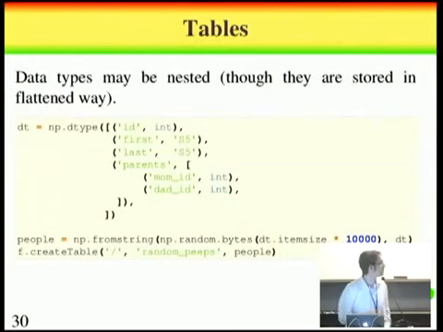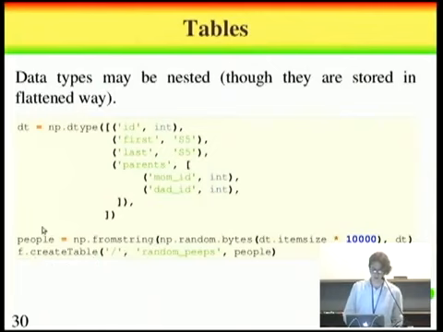However, they are stored in a flattened way. In this example, we have a data type where we've defined ID, first, last, and parents. And then parents itself is another data type that stores IDs back to mom and dad, right?